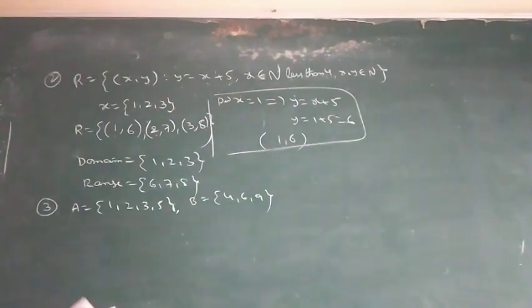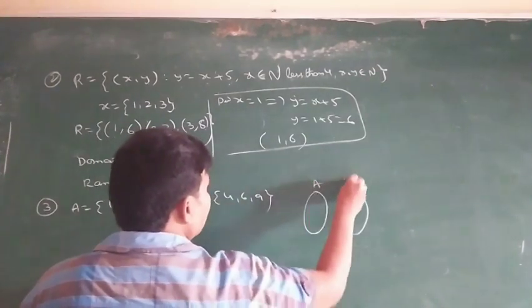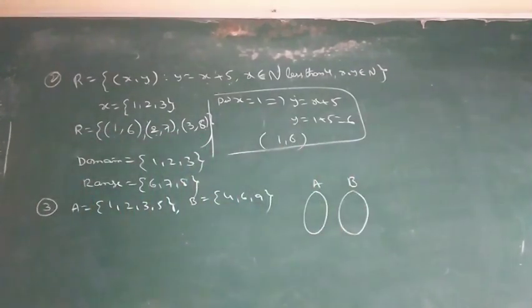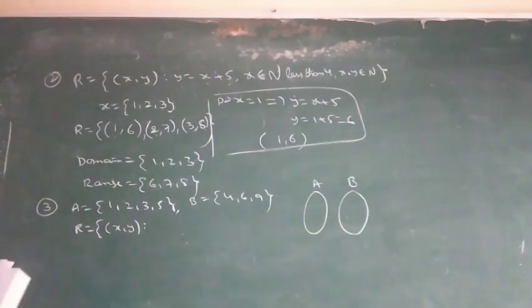Define a relation from A to B by R is equal to, what is the R? x comma y such that the difference between x and y is odd.